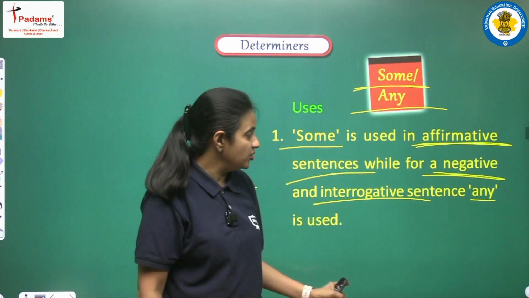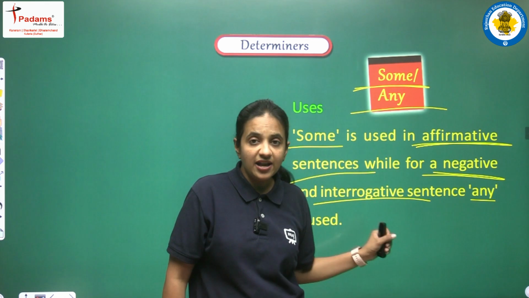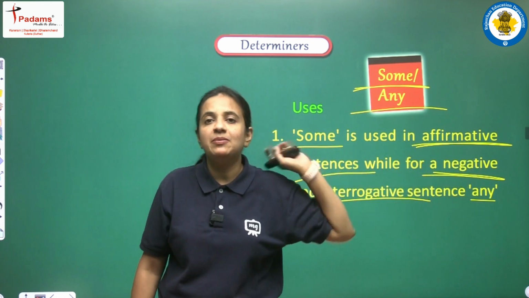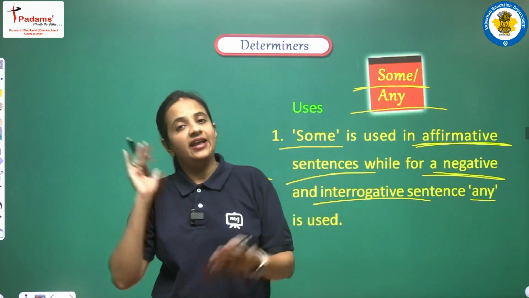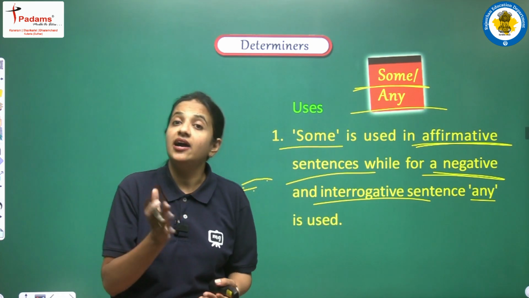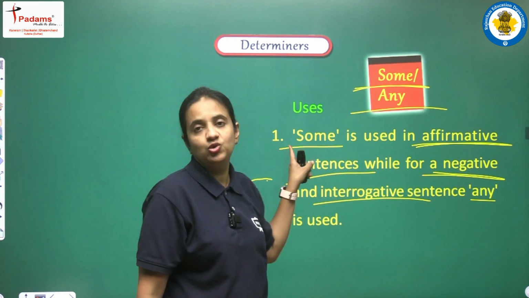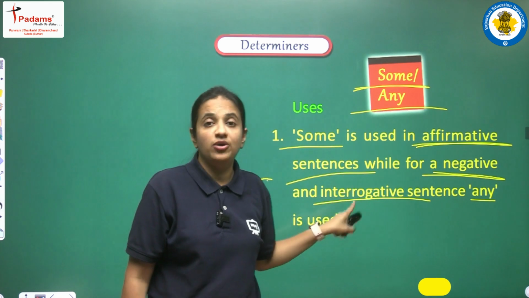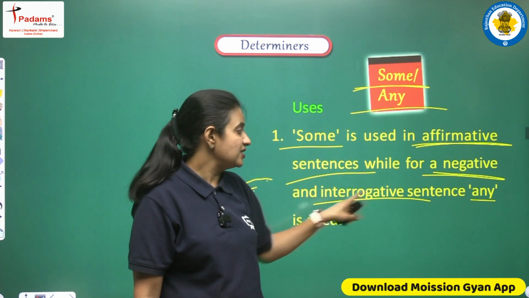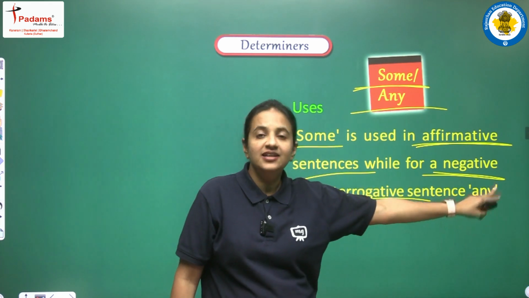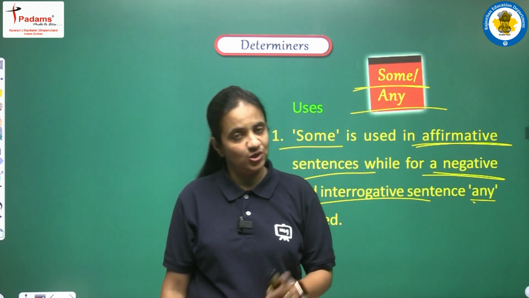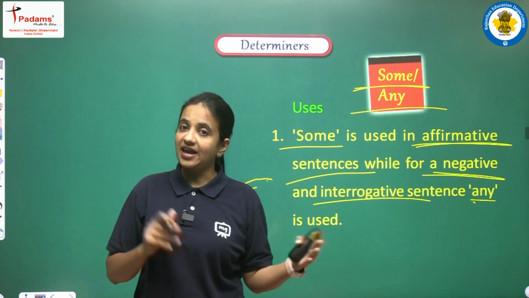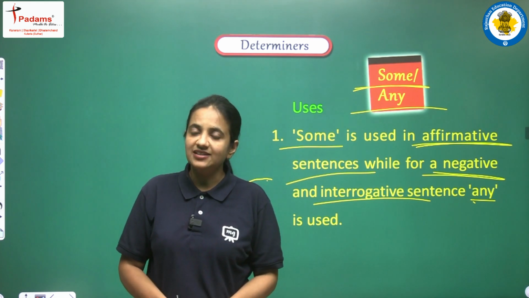So according to this use, when we have a simple affirmative sentence, a sentence that is neither negative nor interrogative, then we have to use some. But if our sentence is negative or interrogative, then we have to use any in our sentence. This is the first rule, the first use, or we can say the first difference between some and any. I hope this difference is clear, right?